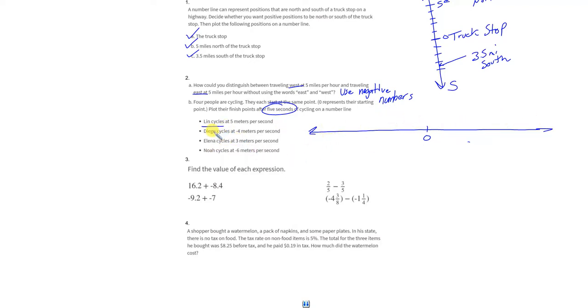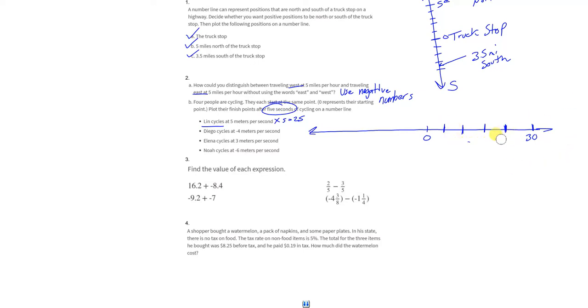So for Lynn, all we have to do is multiply 5 times 5, which gives us 25. So we're going to plot her over here at 25. And I think if we did like a 25, 20, 15, 10, 5 kind of, that's messed up.